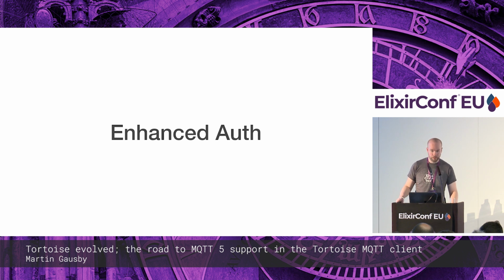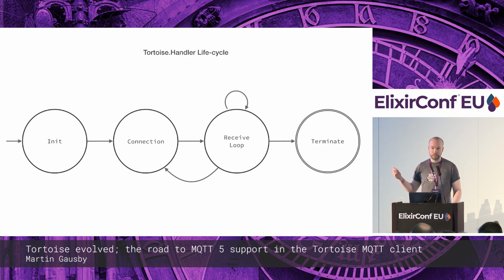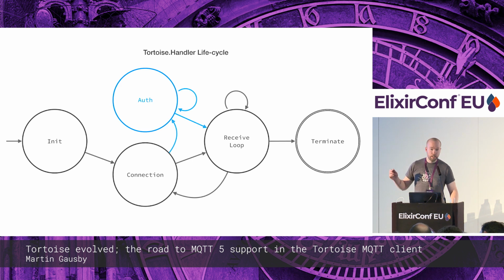But how are we going to handle enhanced authentication? We need some changes to support that. And this is the previous state machine diagram I showed you from before. And we will basically have to add a new state, which happens as we're trying to connect.